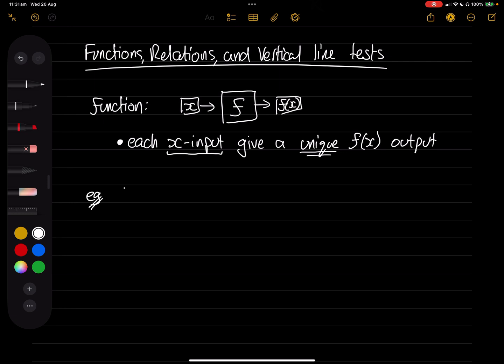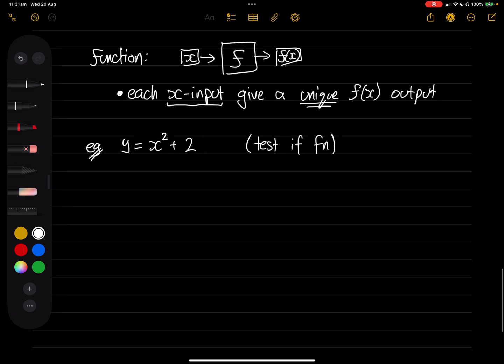We might think about y equals x squared plus, let's say, 2. And we might test if this is a function. So we want to know, does this actually constitute the definition of having each input giving a unique f of x output?